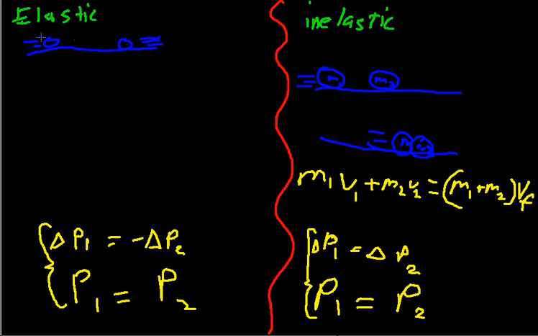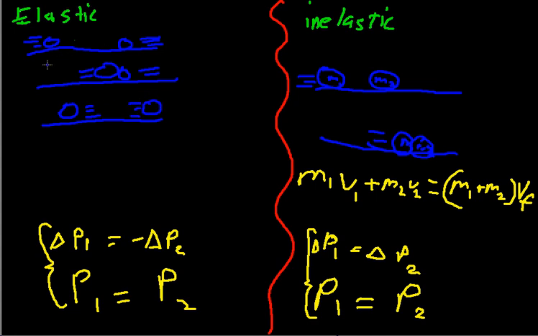In an elastic collision, the two objects don't stick together. So this is before the collision, this is during the collision, and then after the collision it looks something like this, with both of them moving in opposite directions.